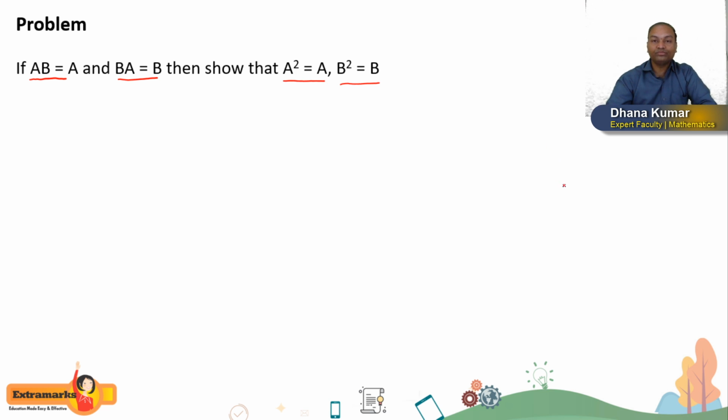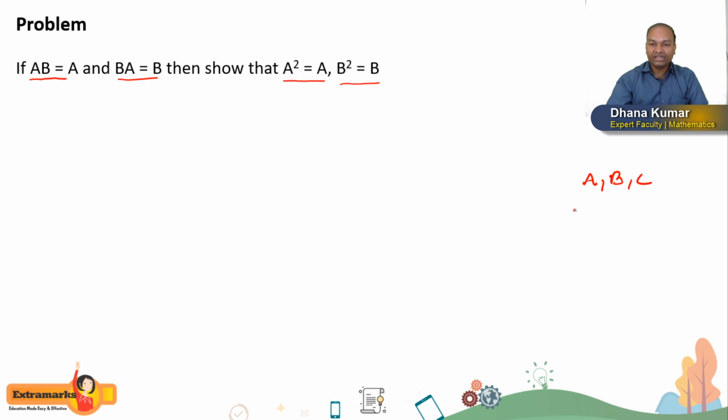Let us take some three matrices. I am taking three matrices A, B, C whose multiplication is possible. Such types of matrices only I am selecting. Right.